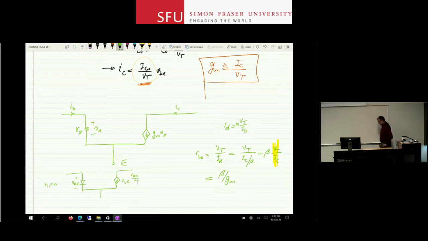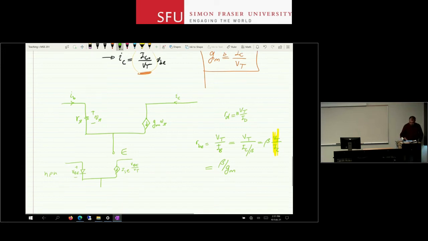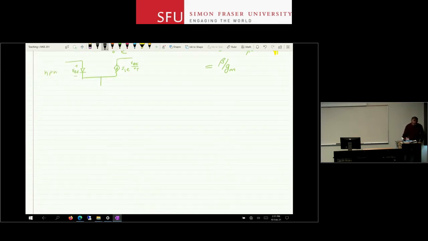Okay. I'm going to make a quick comment here about the small signal analysis model for PNP transistors. For a PNP device, this is what we had. So the large signal model was a bit different. So what you had was an emitter at the top, right?